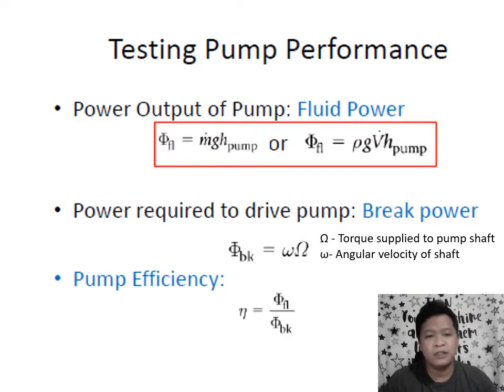So the power output of the pump is simply equal to the mass flow rate multiplied by the acceleration due to gravity multiplied by the pump head. Or similarly, the mass flow rate is equal to the volumetric flow rate multiplied by density, since usually it is easier to measure volumetric flow rate, no?